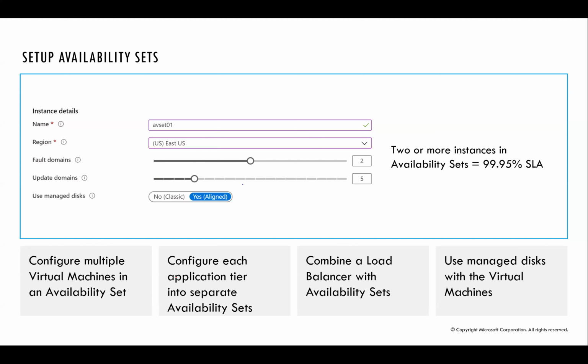So what an availability set means is that if I have two VMs, they won't be placed in the same update domain and the same fault domain. That's what the availability set is talking about.